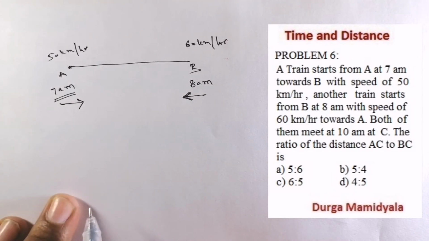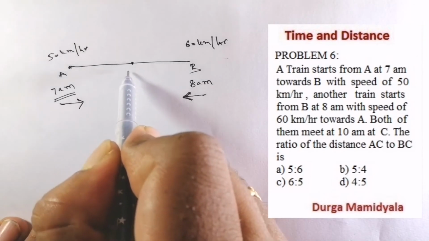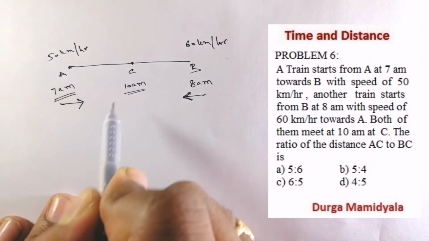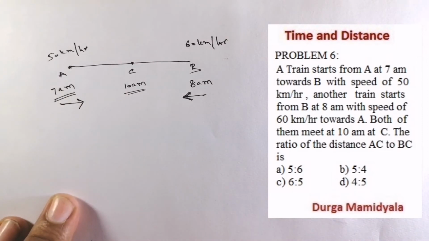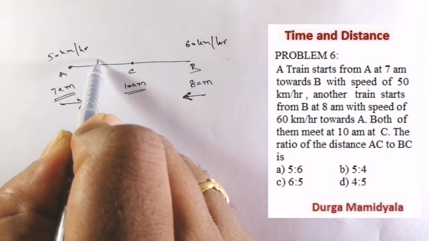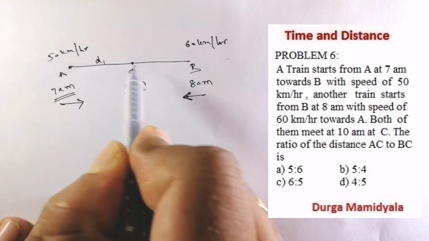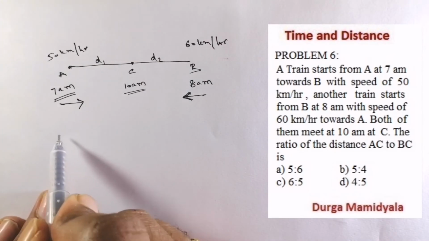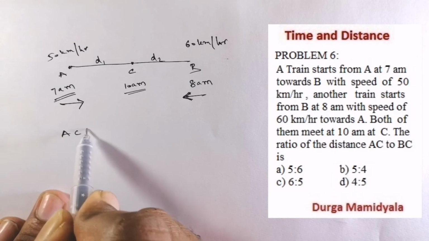Both of them meet at 10 a.m. at C point. The ratio of distance AC is to BC is asked, so he wants this distance, right? So we want the distance AC is to BC.